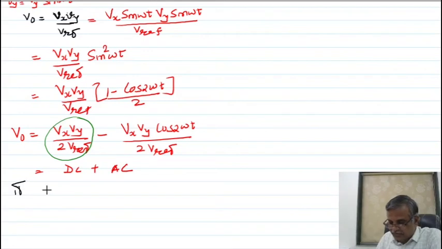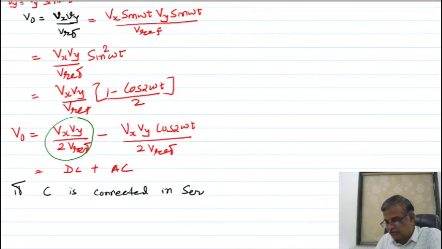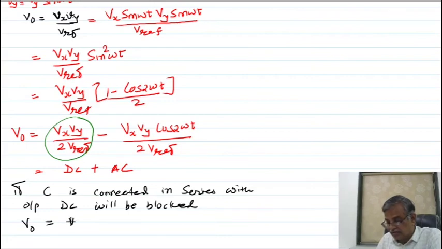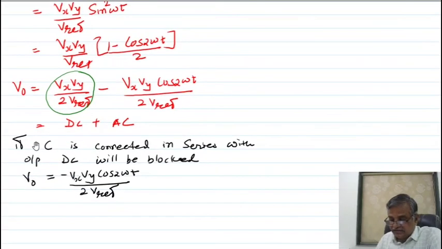So with the capacitor I can write: if C is connected in series with the output, then DC is blocked, and only the AC signal is obtained.